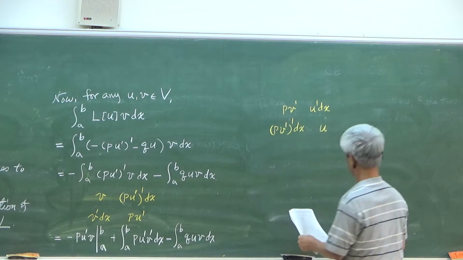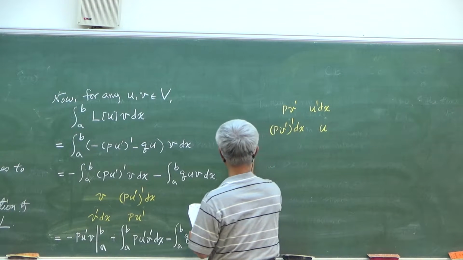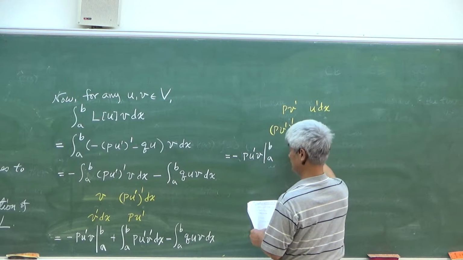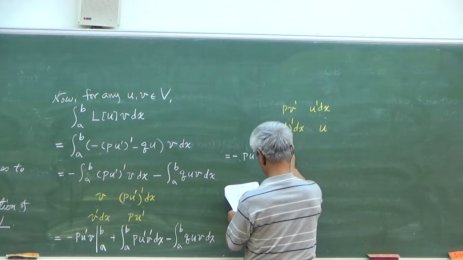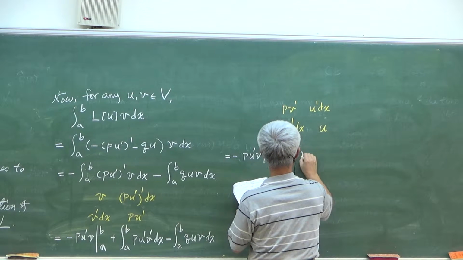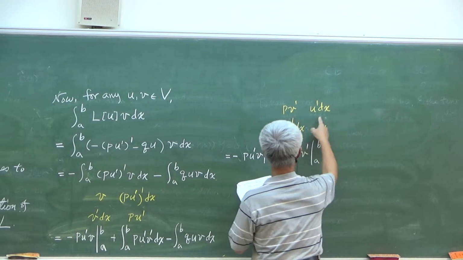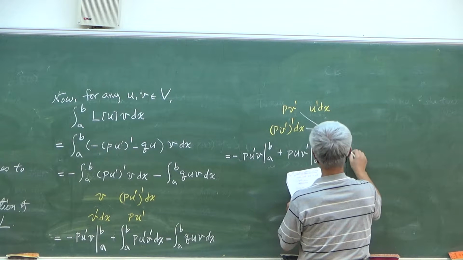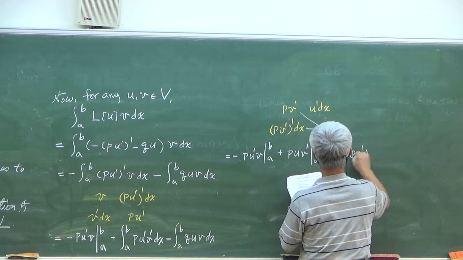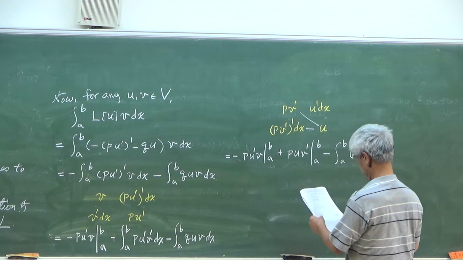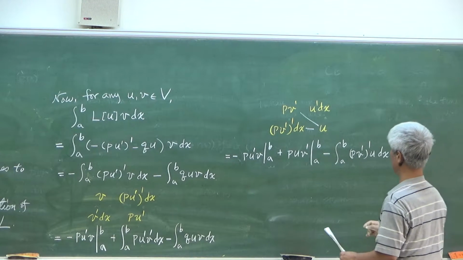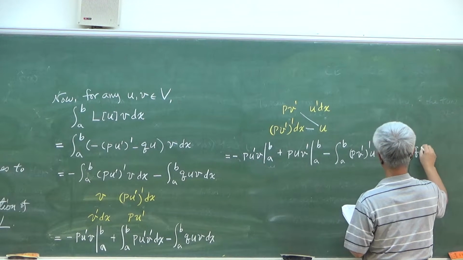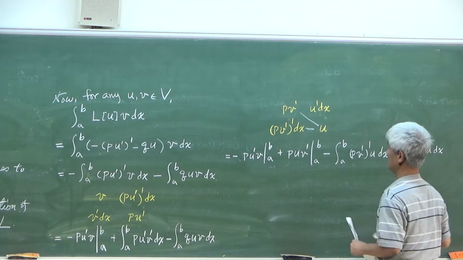Once again, we have p u prime v plus p u prime v, and the minus p u prime v dx, and the minus u v dx.